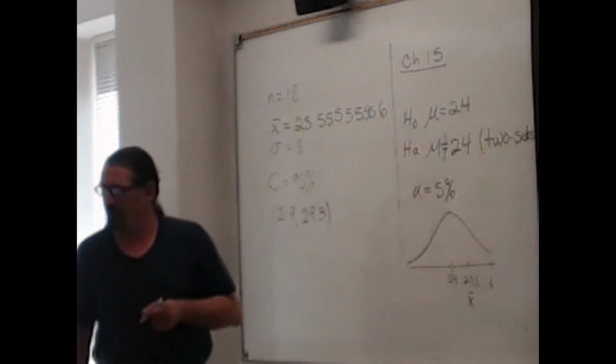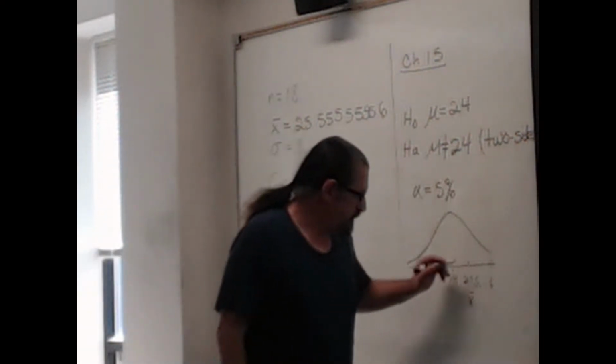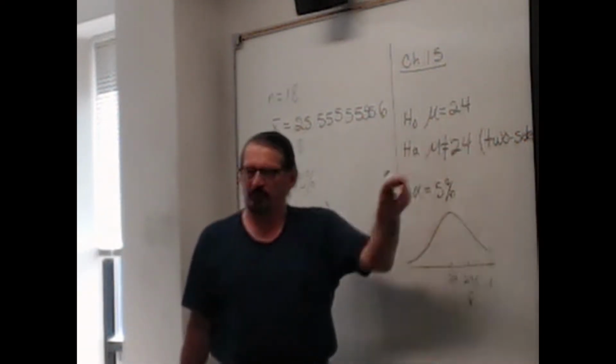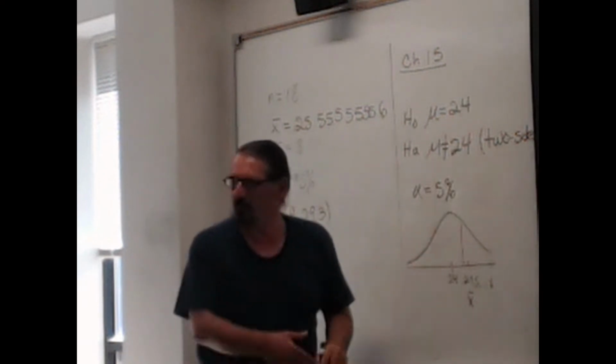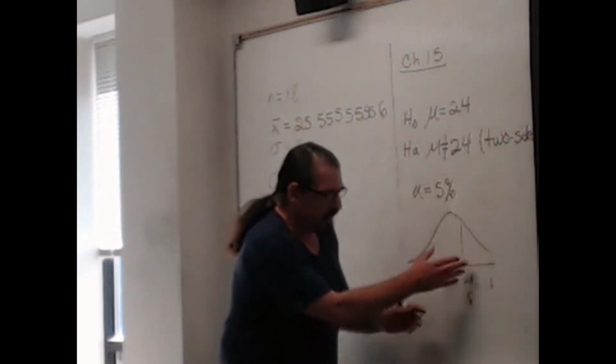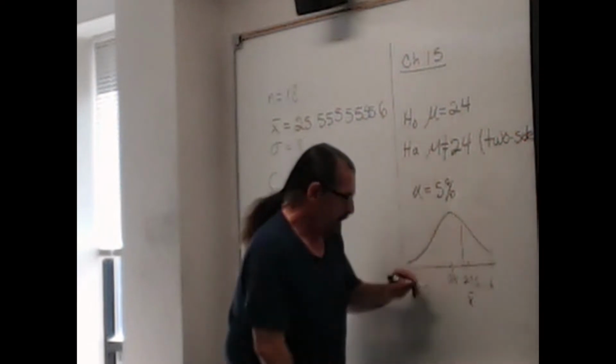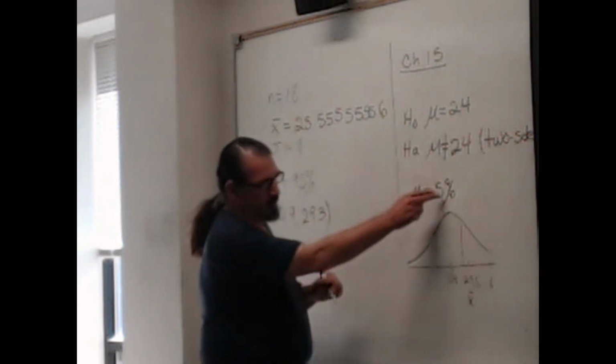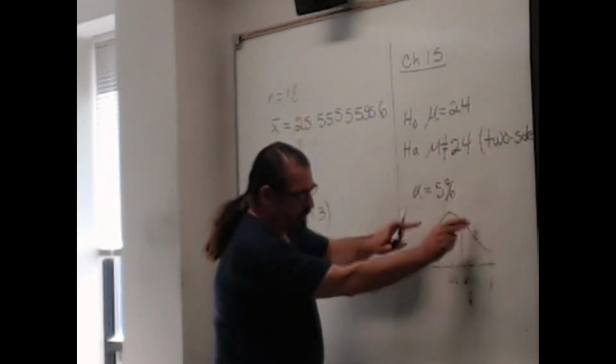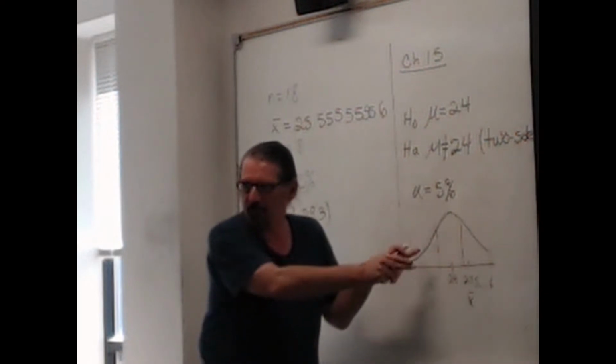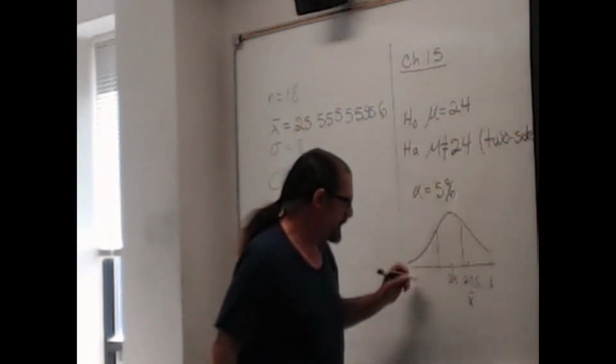If we use normal CDF, well, it's a two-sided test. If we're going to reject the null hypothesis, it would have to be so far up there that we have that total of 5%, 2.5% on either side.